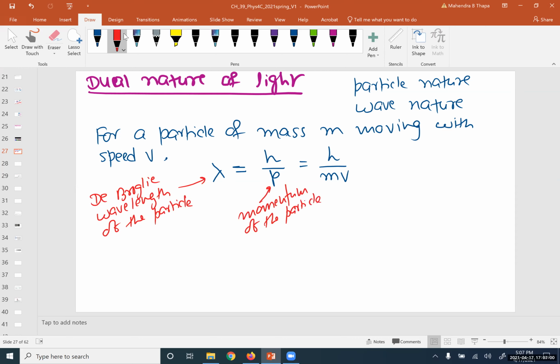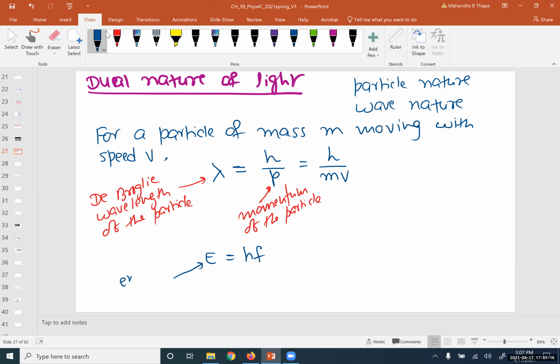We know that for the photon, the energy is given by E equals h times f. So E is the energy of a photon, and f is the frequency of the photon.